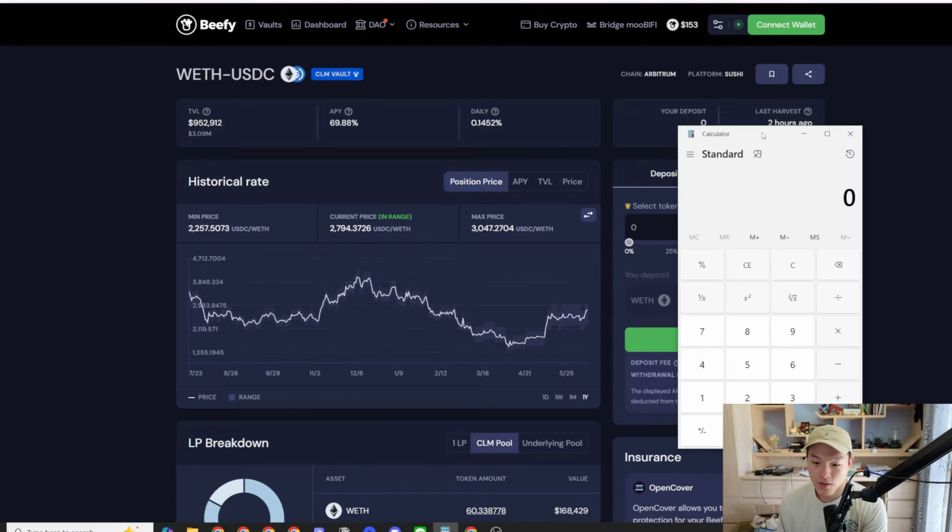So let's see what the drawdown is. What's the total loss if you deposited roughly 1 year ago compared to what your Ethereum would be worth right now, assuming you didn't add any position when the price is low or sell some when the price is high? So what we can do is 34.79 minus 27.94.